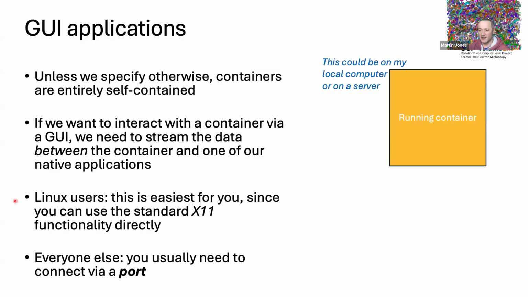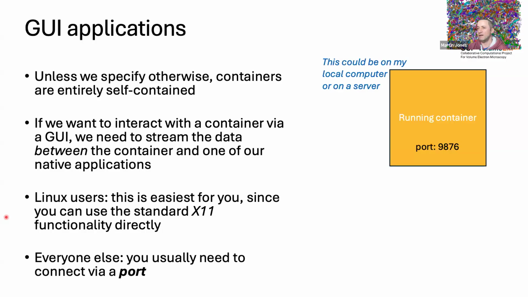If you're using Linux, this is very straightforward because the containers are typically built in a Linux-like package. If you're not using Linux, which is probably most people here, I guess, then you need to connect via something called a port. So if I have a container, I can define a port in that container. Some ports you can just choose random numbers, some have convention numbers that you might use.